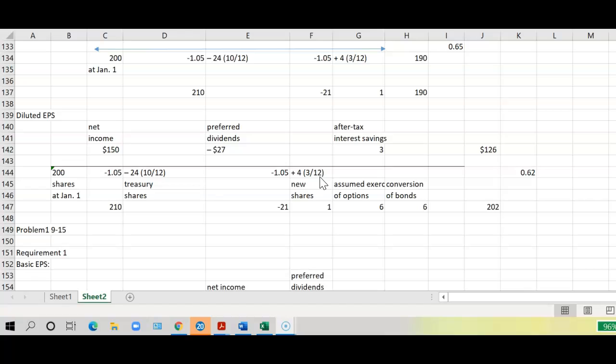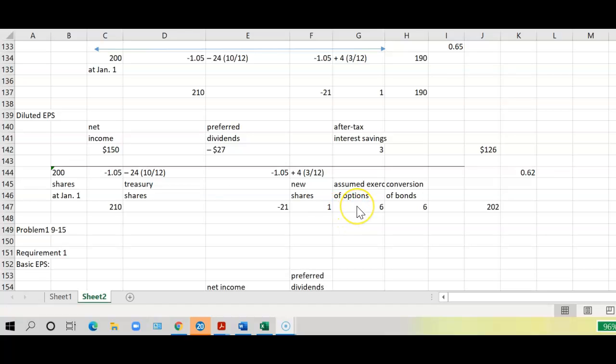Okay, now we know there was also a 5% dividend, so we have to go back from the beginning of the year to the time the dividend was declared, and in this case you would take the 200 times the 105 for 210 million, and then you would take the 24 million shares times 105, which is subtract 25.2 million, and then the new shares, the treasury stock they sold, created new common shares, and that would be 4 times 3 divided by 12, for it happened in October, which is 1.